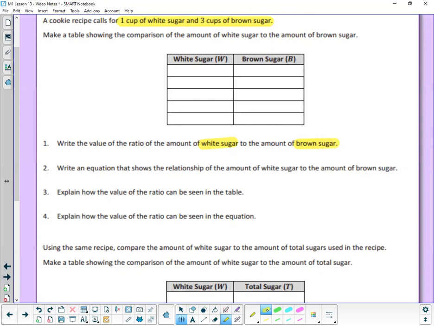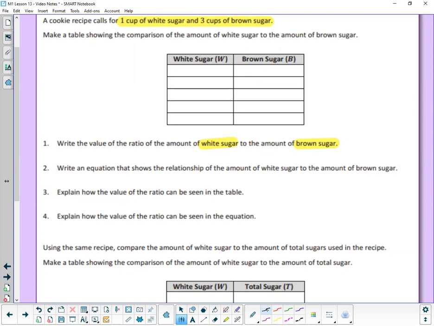So remember, it's white to brown. Then write the value of that ratio, and write an equation that shows the relationship of the amount of white sugar to the amount of brown sugar. In other words, what they're asking you to do here, and make sure that you're very careful in how you write this, check your work, go back to the ratio table and double check your work.